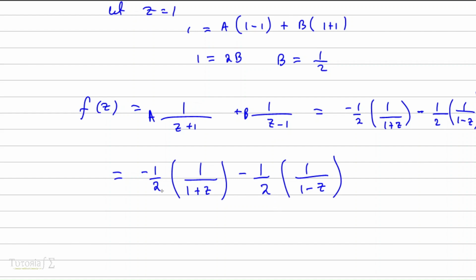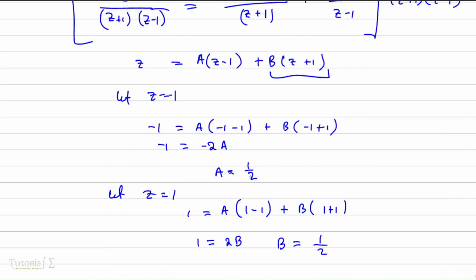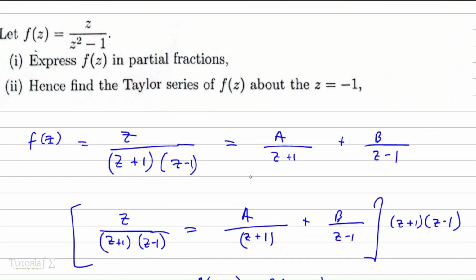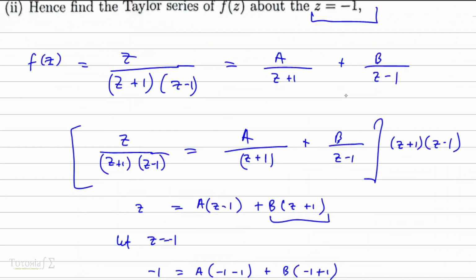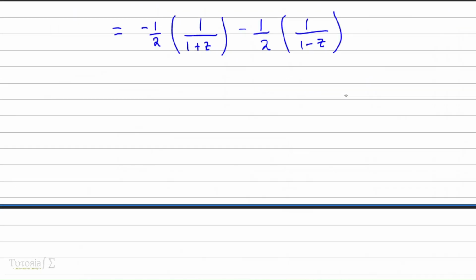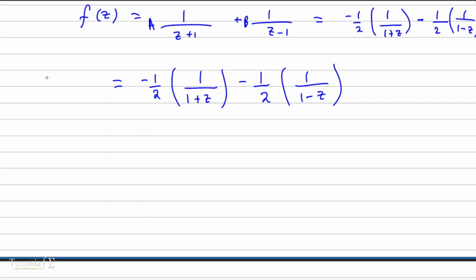Now you can see already why I am doing this, because the second question asks us to find the Taylor series about this point. It will follow the same procedure. So now we have our f of z equals this. Taylor series about z naught equals -1.